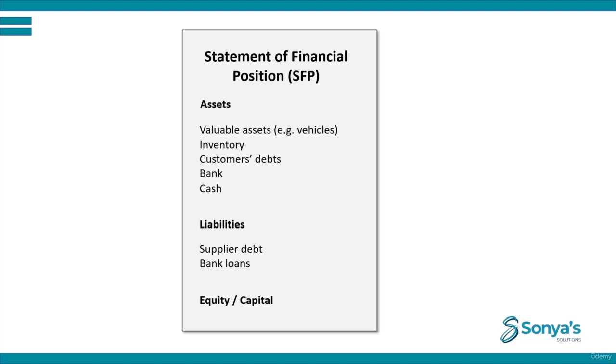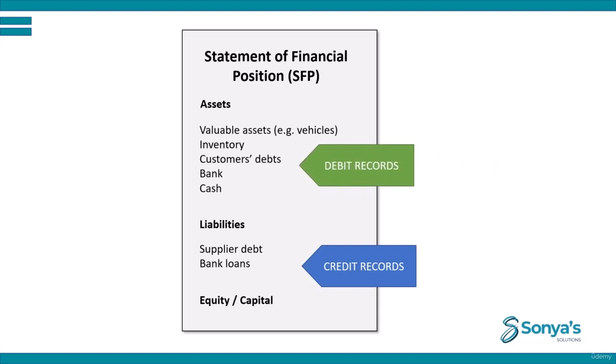The statement of financial position lists the business's assets, items that have a cash value, and liabilities, the business's debts. The liabilities, which include equity or capital, are credit records, showing what has been entrusted to the business. The assets section shows where it is in the business, and these are debit records.